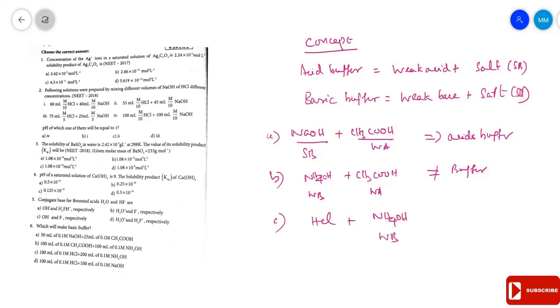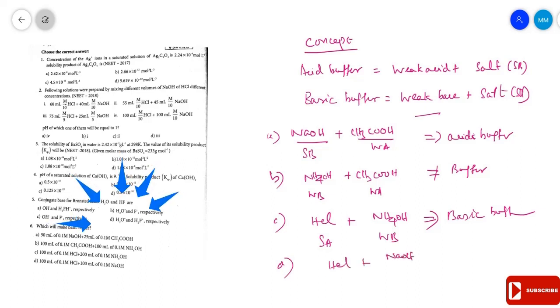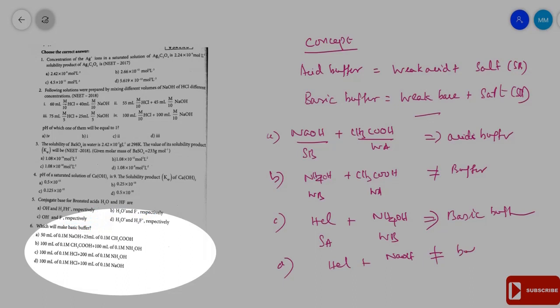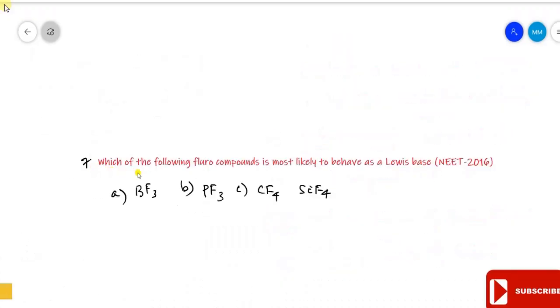It is a weak base and a strong acid, so the weak base combination is a basic buffer. So C is the basic buffer. And D, the combination is hydrochloric acid and sodium hydroxide, both are strong, so it is not a buffer. The question is which will make the basic buffer? Your answer is C.